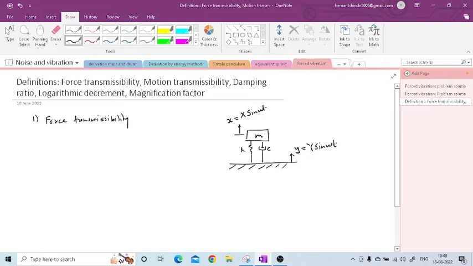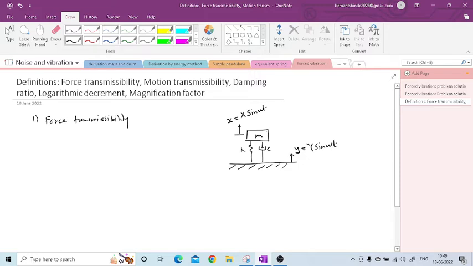Now, whenever any system is going to vibrate, ultimately it will transfer its vibration to the support. Means this support will start to vibrate with the displacement y. When any system starts to vibrate, these vibrations are because of unbalanced forces.